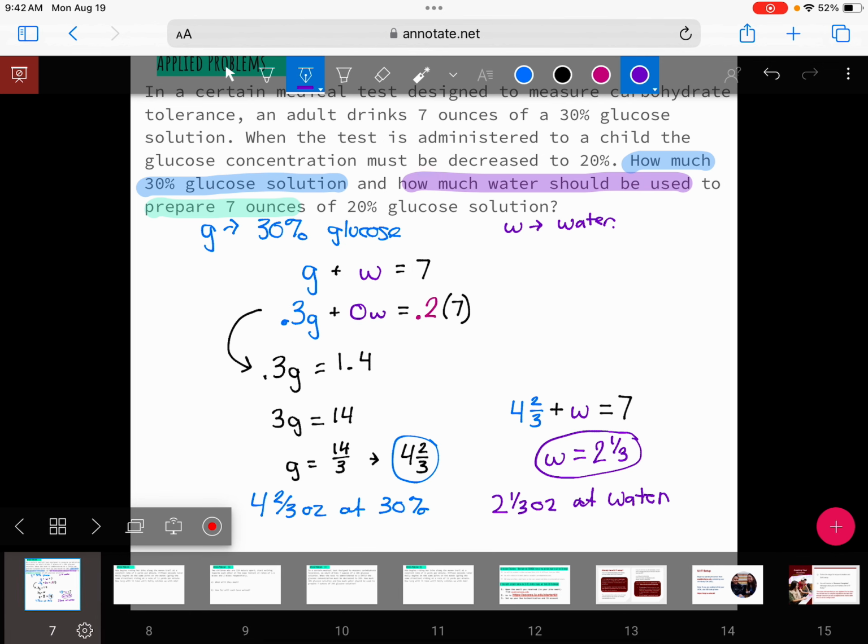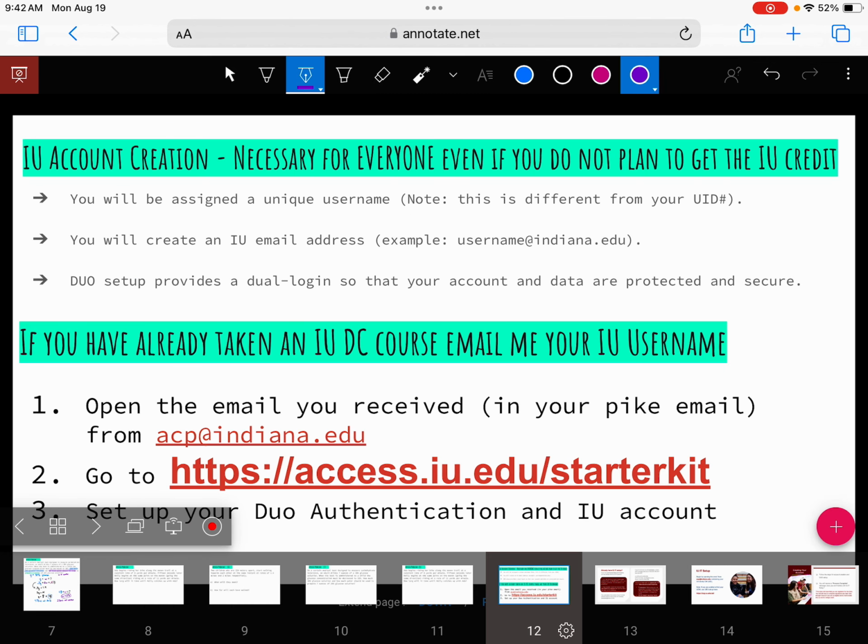Okay? Please make sure that you check your email. You should have gotten an email from acp@indiana.edu. You will need to create your IU email address and do a Duo login. It's an app that you have to download. I'm going to talk you through these steps over the next couple of days. I'll give you little steps each day. You have to create the IU account and make an IU email address.